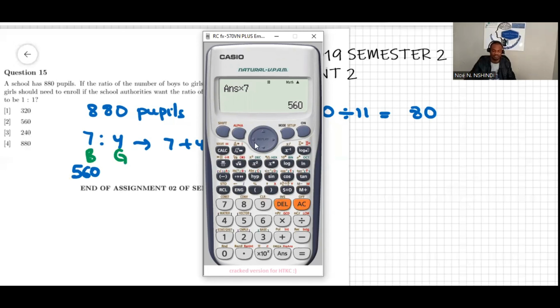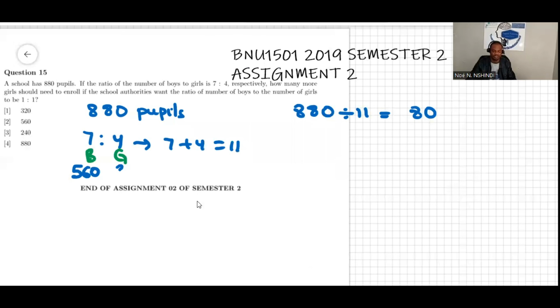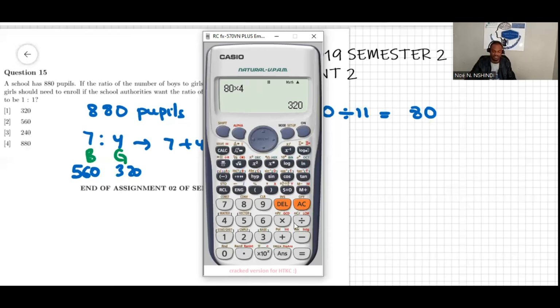For the girls we multiply by 4, and 80 times 4 is 320. You can check: 320 plus 560 must be equal to 880.